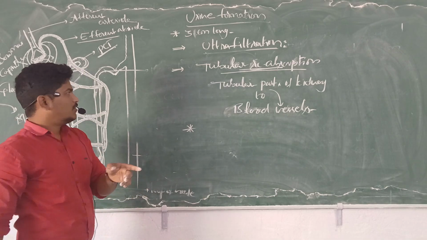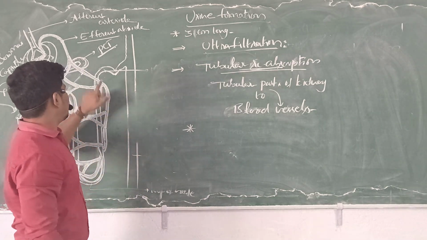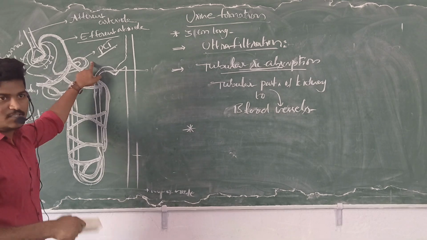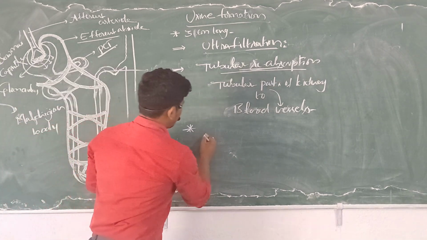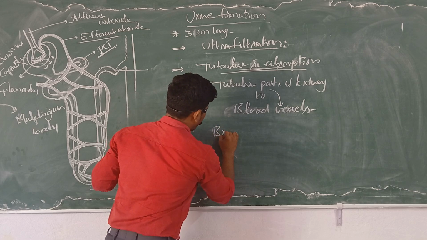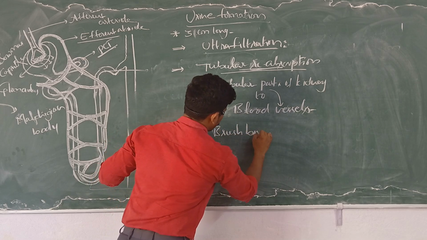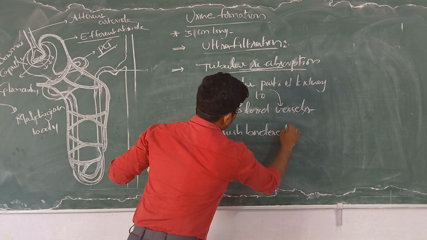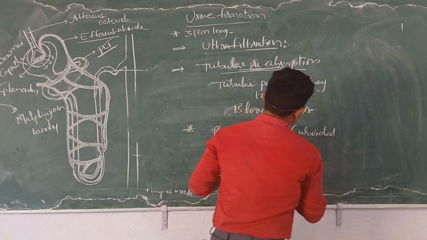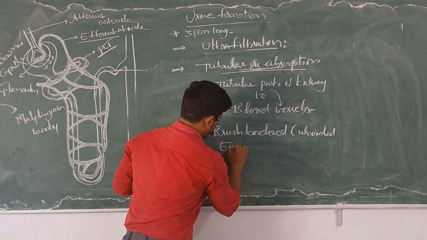In tubular reabsorption, first we have to know what is the PCT. How is this PCT made? It is made up of brush bordered cuboidal epithelial tissue.